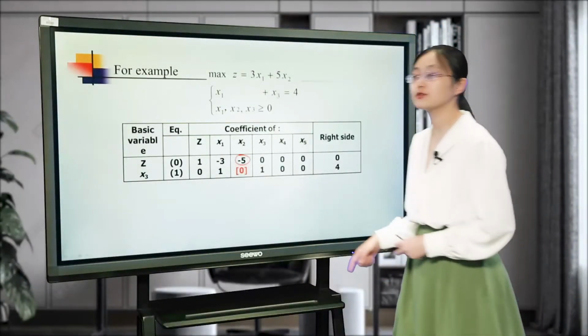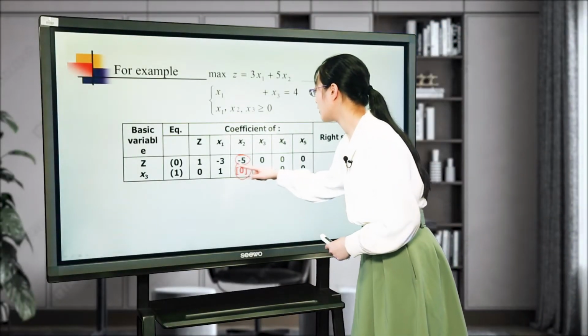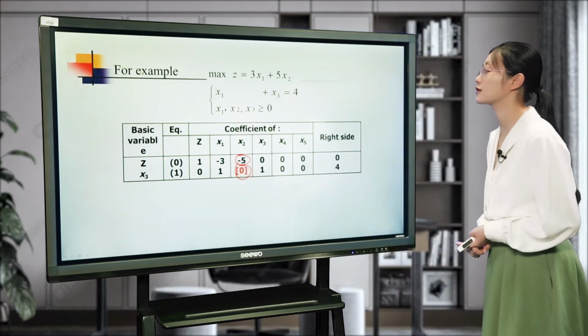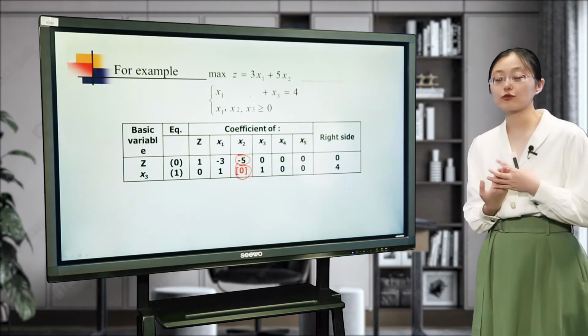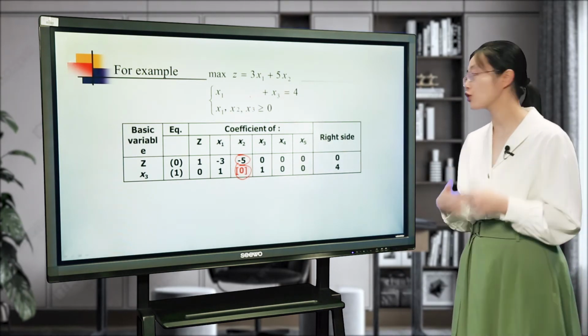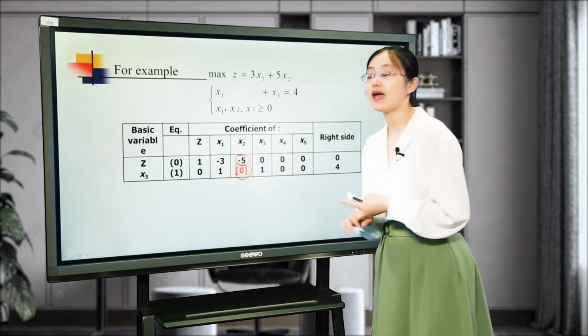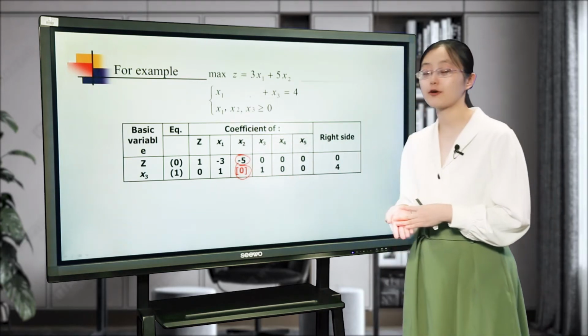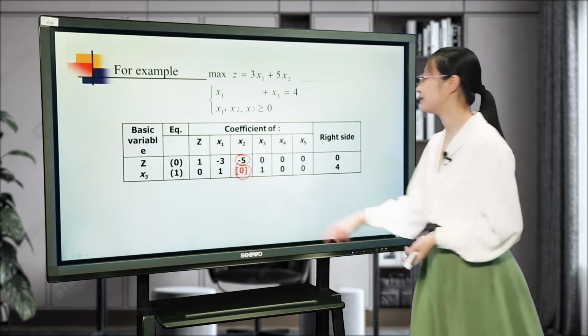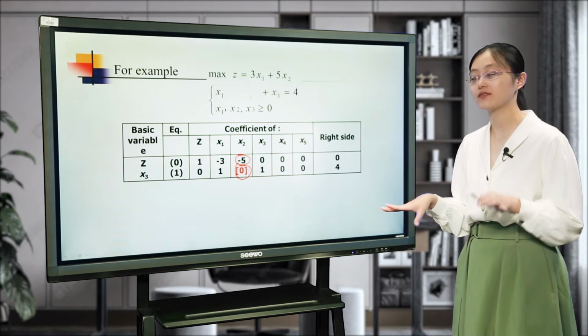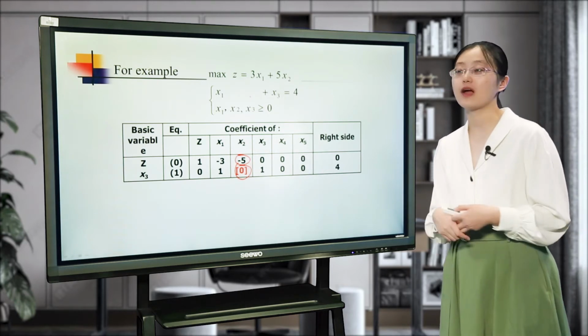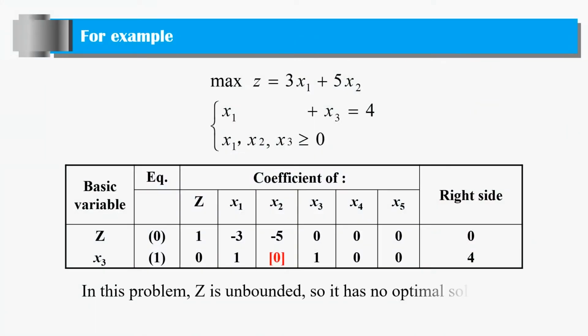However, corresponding to that pivot column, there is only one coefficient below, that is the coefficient of 0. In the minimum ratio test, we need to compare the ratio of the right-hand side and the positive coefficients in the pivot column. But there is no positive coefficient here, so there is no minimum ratio test, and we cannot choose which variable is leaving. So in this problem, z is actually unbounded and it has no optimal solution.